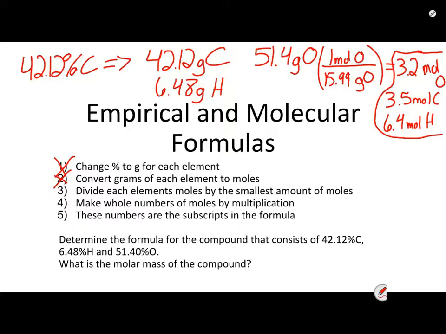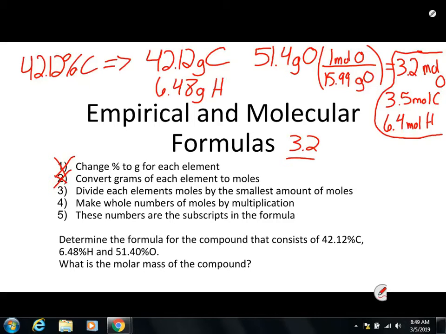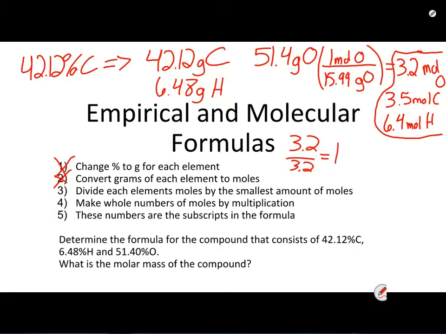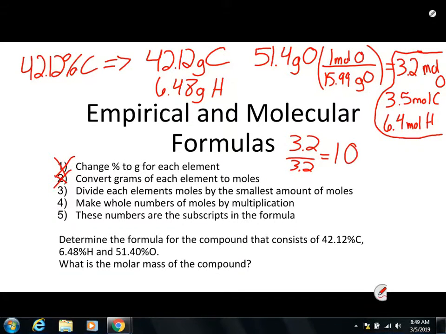So if I divide 3.2 by 3.2, what am I going to get? 1. Easy stuff. So I'm going to get 1 oxygen.